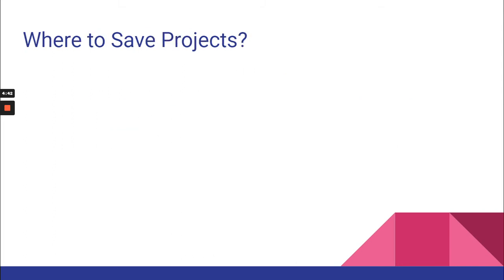Where do we save projects? We're going to talk about this, and it's perfect. By default, when we did Draw a House, it saved the project on your C drive, on the local hard drive. As discussed previously, that's the worst place to save it because you don't have this computer at home, part one.